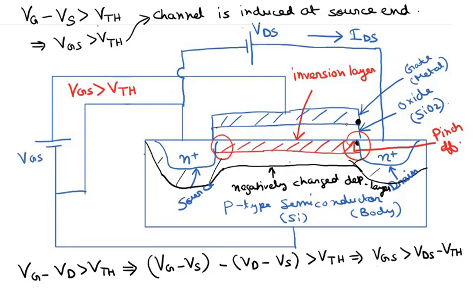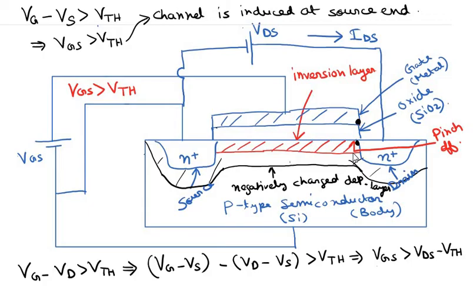Now we are increasing VDS, so the potential at the drain end of the channel is increasing. If the potential at the drain end of the channel increases, then the potential difference between the metal gate and this drain end of the channel reduces.